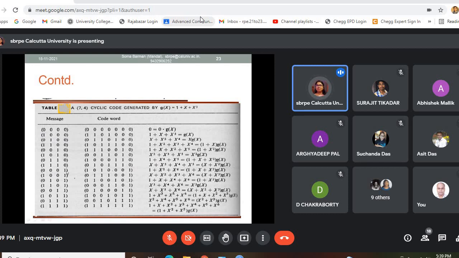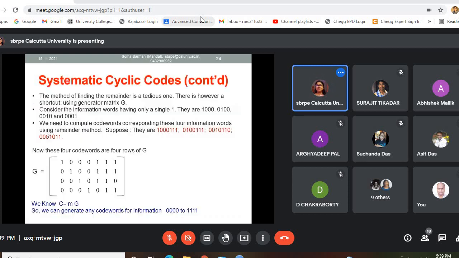Any other single one? No. So it is 1, 2, 3 and 4. For 4 bits of information, you get 4 information words containing a single one.